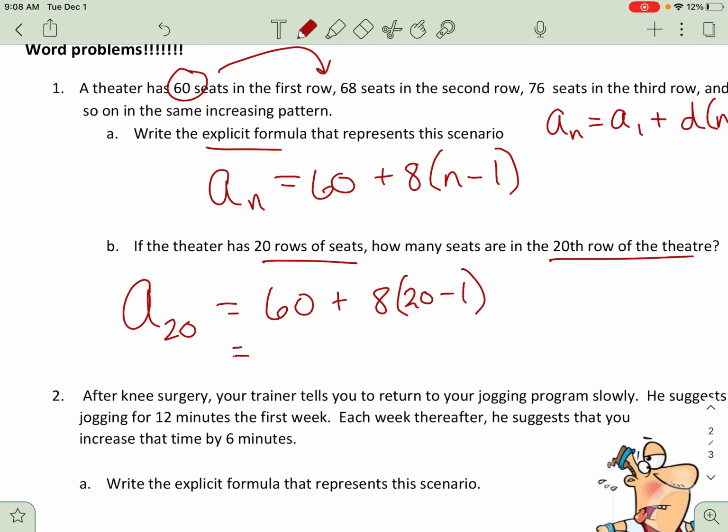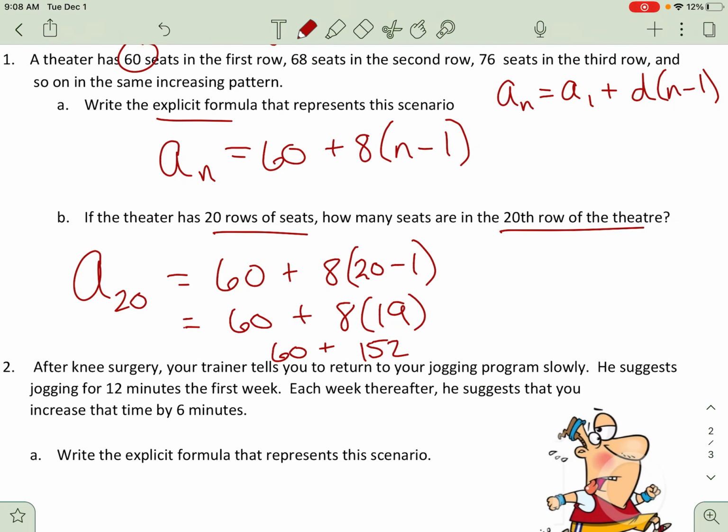Okay, so this would be 60 plus 8 times 19. 8 times 19 is 152. So 60 plus 152 is, what is that, 212? Yep, 212. So the 20th row has 212 seats.